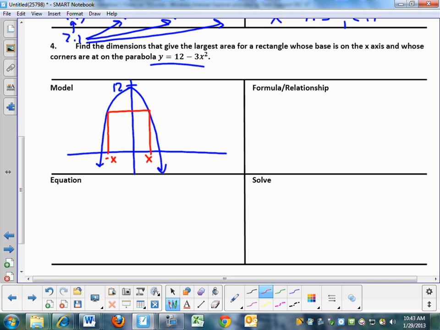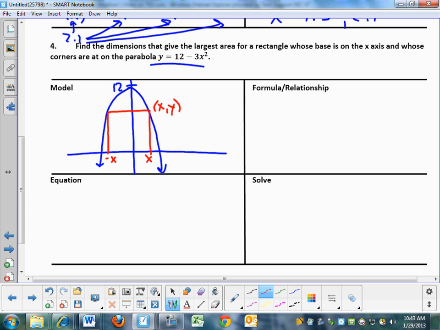So if I knew what x was, and this is a y value, we'll call it (x, y). We'll use f of x for the y value. What am I trying to maximize here?